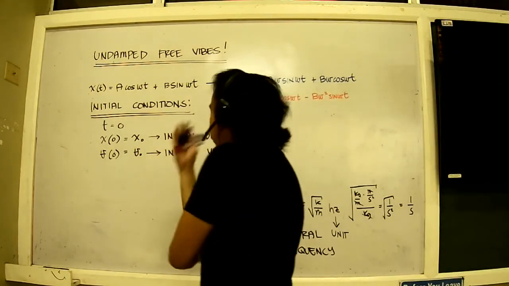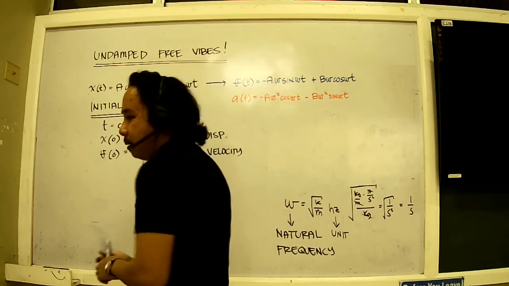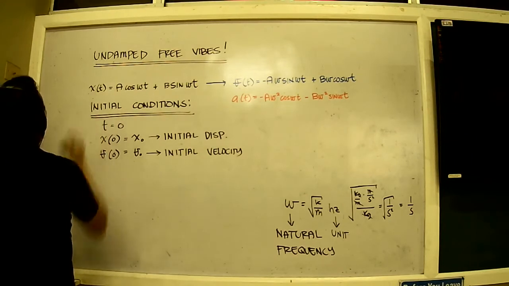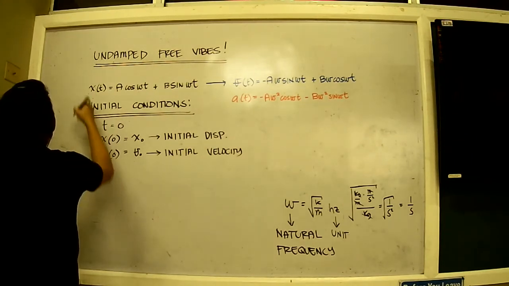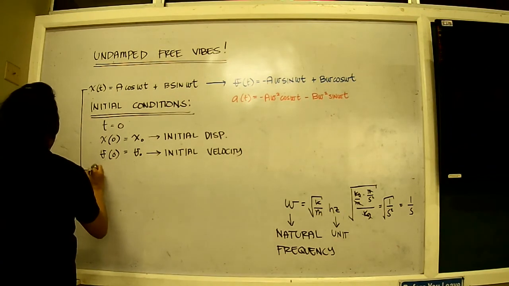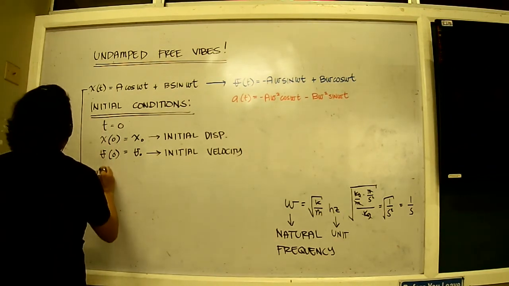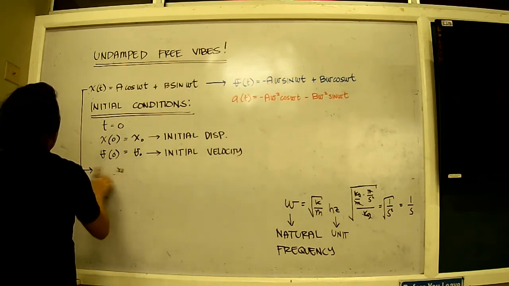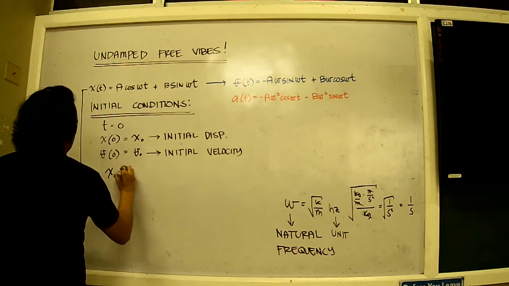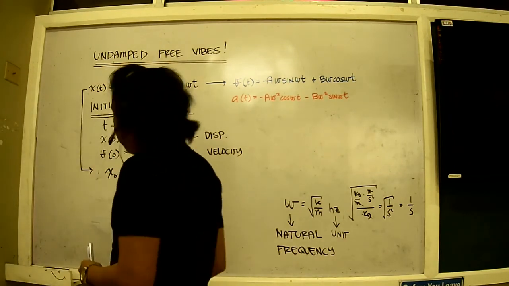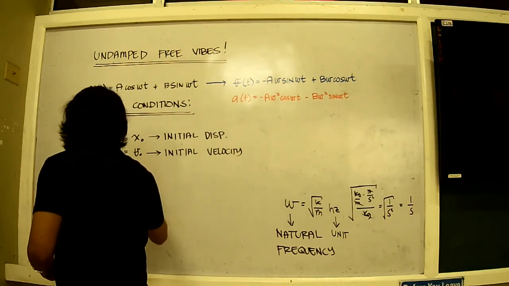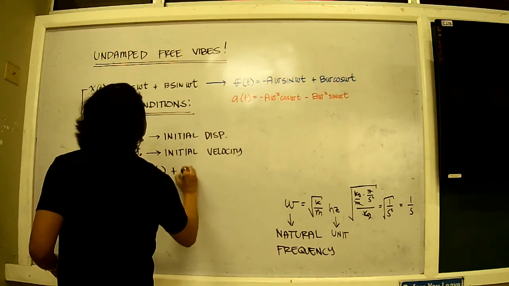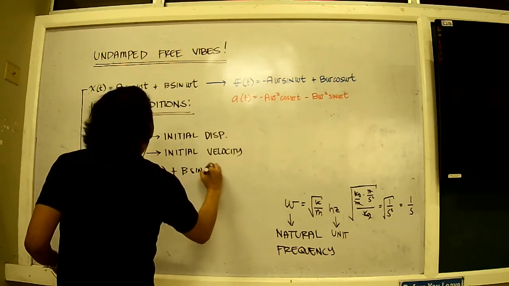Now, applying the initial conditions to the problem here, we can solve for A and B. When t is equal to 0, x of 0 is equal to x initial, which is A cosine 0 plus B sine 0.